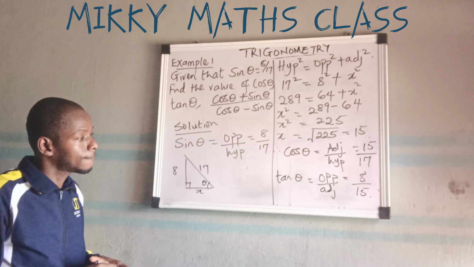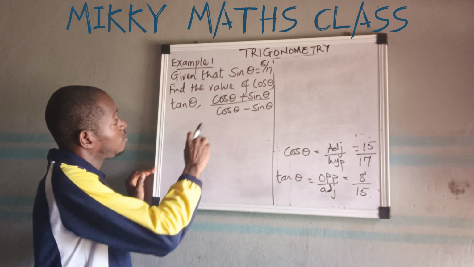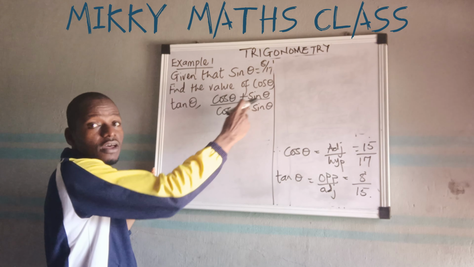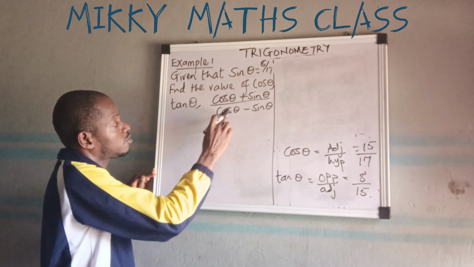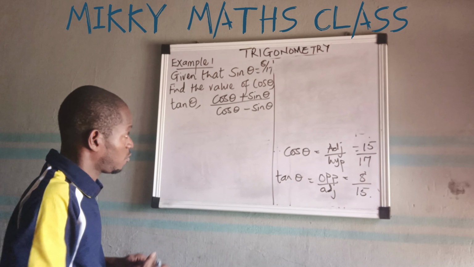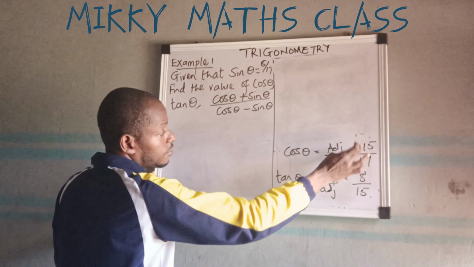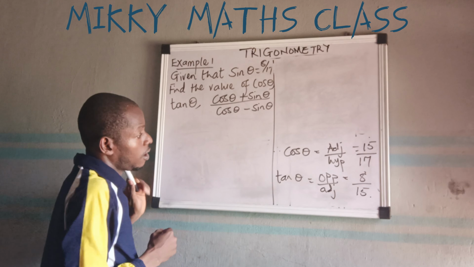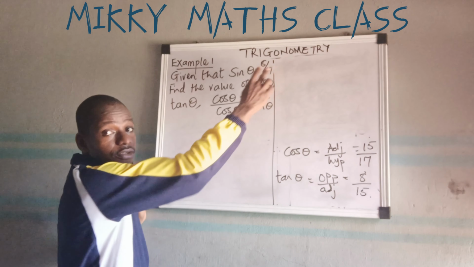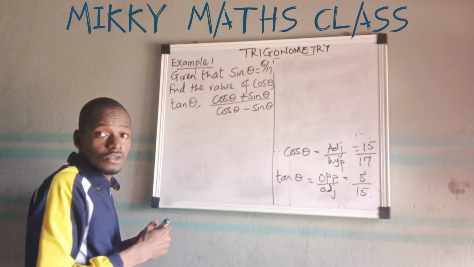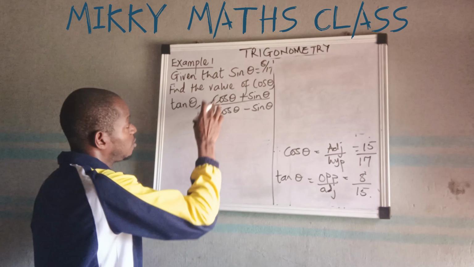Okay, the last question says find cos theta plus sine theta over cos theta minus sine theta. So here we already know the value of cos theta to be 15 over 17. Now sine theta was already given in the question, 8 over 17. So what we will do, we will just substitute the values.